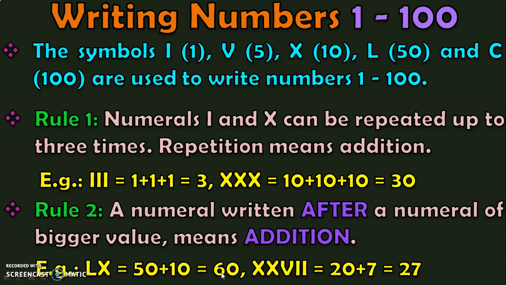So the Roman numeral for the number 60 is LX. Similarly, we know that XX is 20. 20 followed by the Roman numeral for 7, which is VII, gives 20 plus 7, which makes 27. So 27 in Roman numerals is XXVII. Hope it is clear so far.